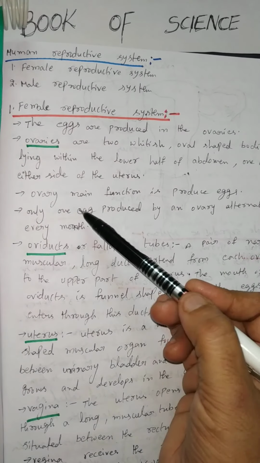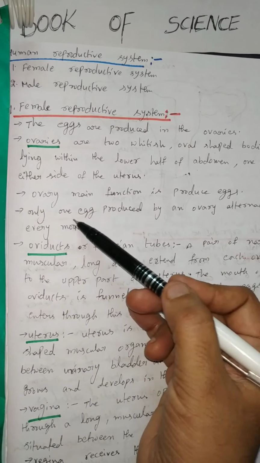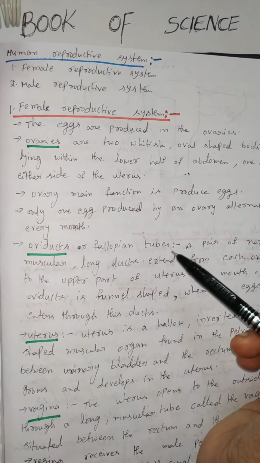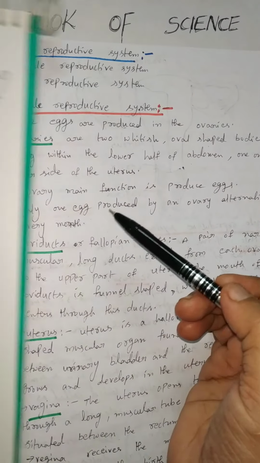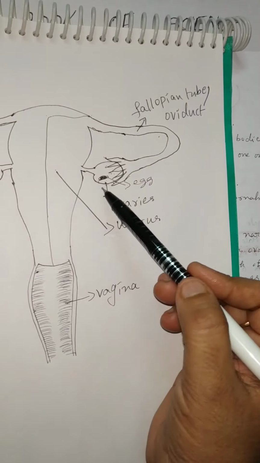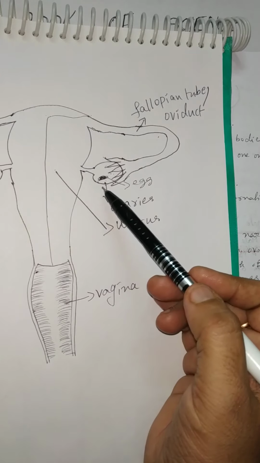Next, the ovary's main function is to produce eggs. Only one egg is produced by an ovary alternately every month. It means we know that ovaries produce one egg.